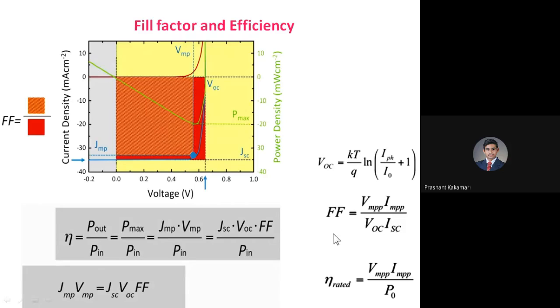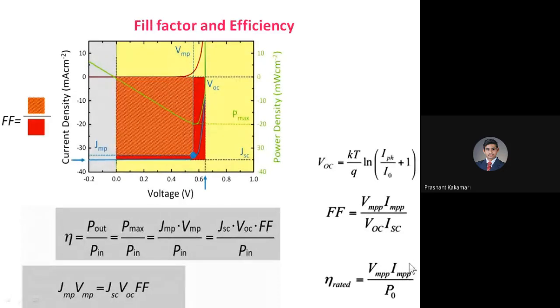The fill factor is given by the equation as the product of the maximum power point voltage and current, divided by the open circuit voltage multiplied by the short circuit current.